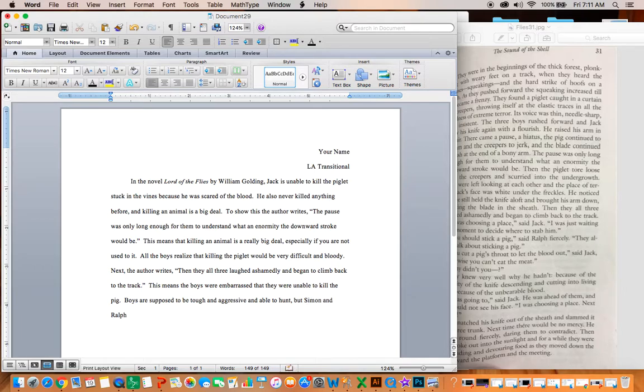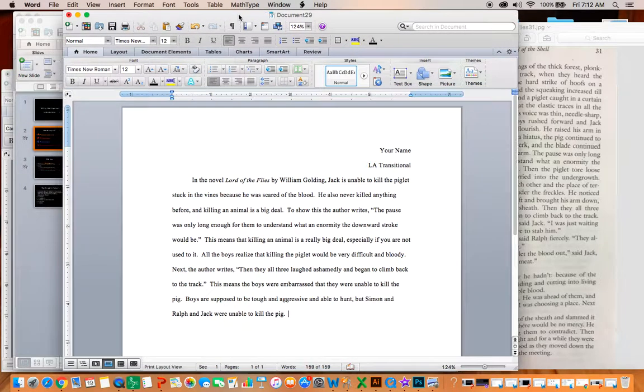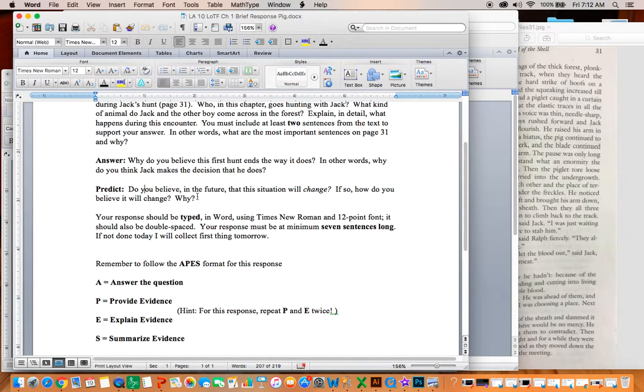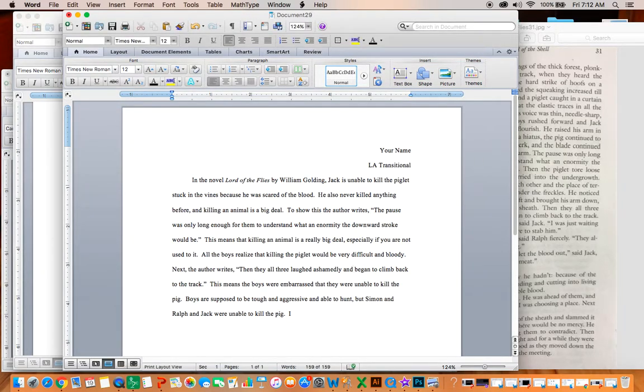Simon and Ralph and Jack were unable to kill the pig. So you want to make sure you get all the parts of the question in there. So if we go back to the question itself in Word, remember I also wanted you to predict. Do you believe in the future the situation will change? If so, how do you believe it will change and why? So let's make sure we get that in there.